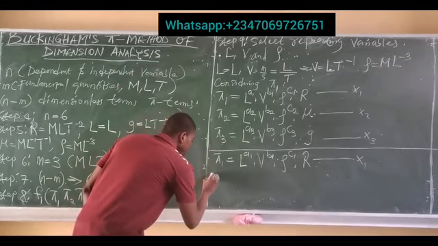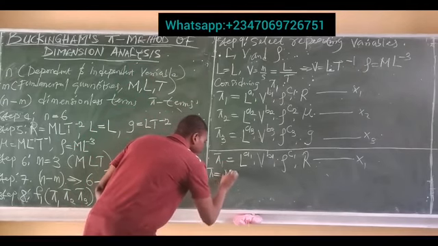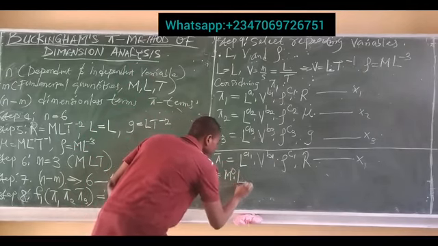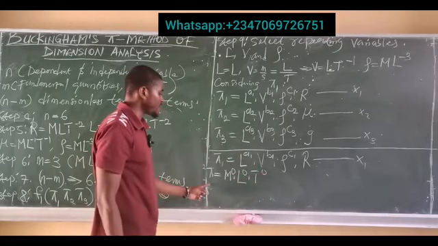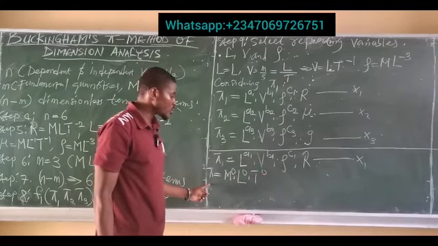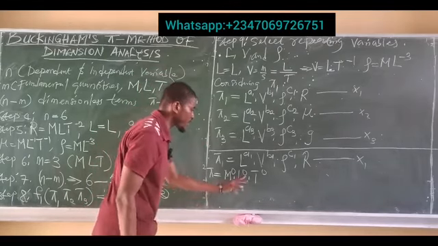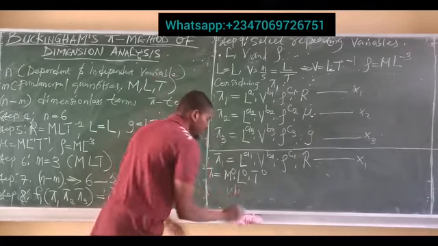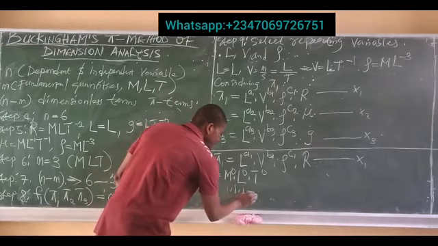1 can also be written as the dimension of pi, which can now be M to the power of 0 times L to the power of 0 times T to the power of 0. This remains the dimension of pi, such that M to the power of 0 is 1, times L to the power of 0 is 1, times T to the power of 0 is also 1. 1 times 1 times 1 simply gives you what? 1.